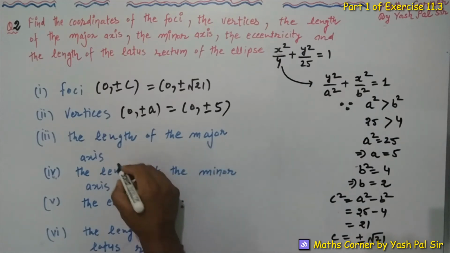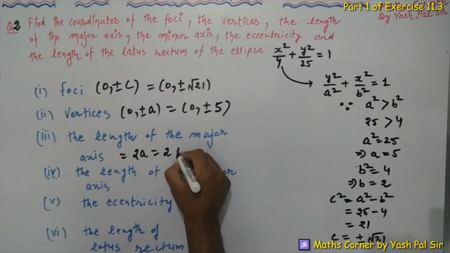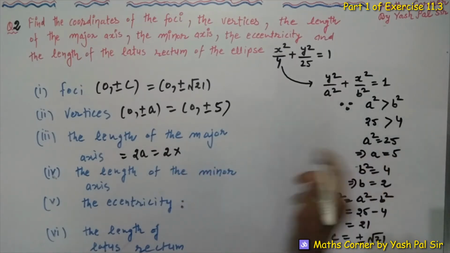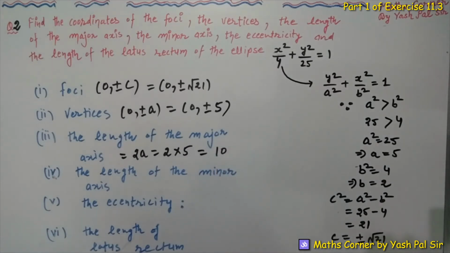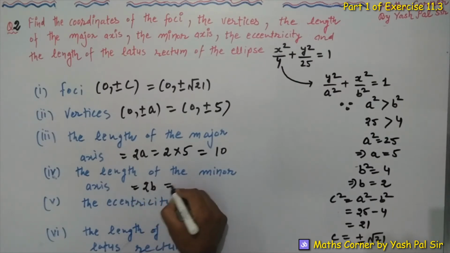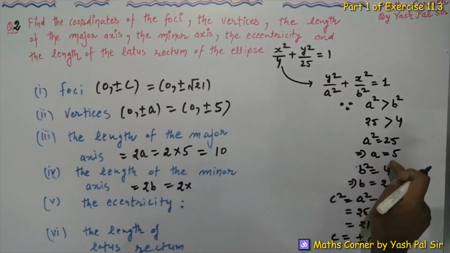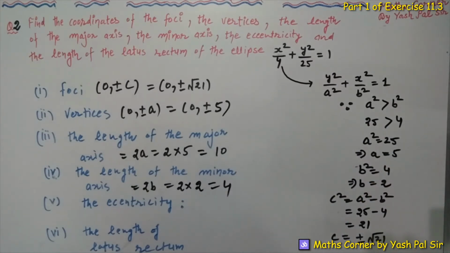Length of the major axis is 2a, and here 2 into the value of a is 5. This becomes equal to 10. The length of the minor axis is equal to 2b. So here we have 2 into b is 2 equal to 4. Next, eccentricity. We know that e is equal to c upon a.